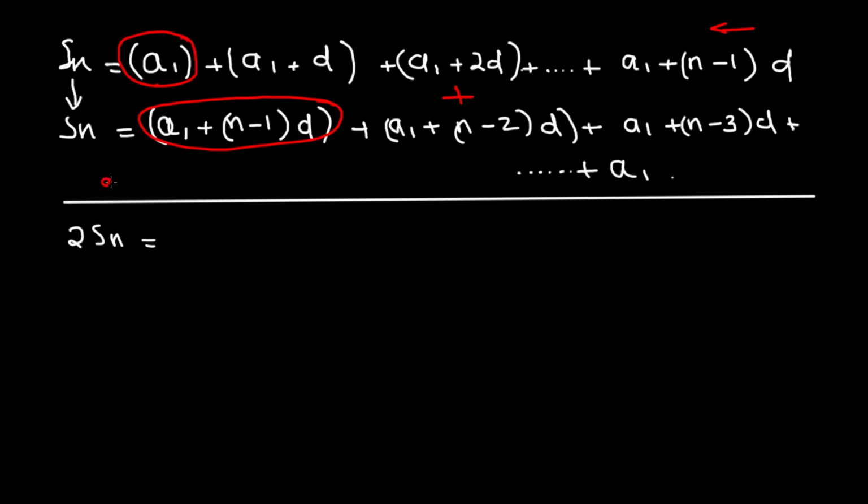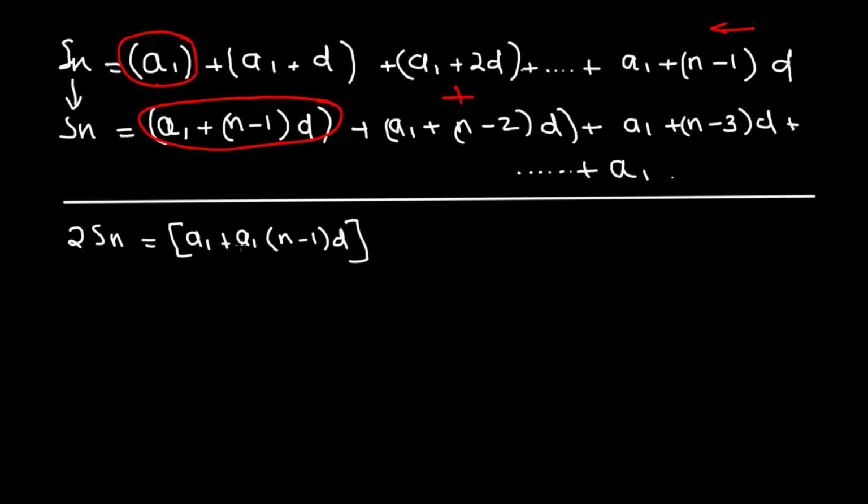This will be A1 plus, in fact, let me just show my working here. So this addition here, I'll put it in brackets. It will be A1, which is this one, plus A1 plus n minus 1 d, like that.